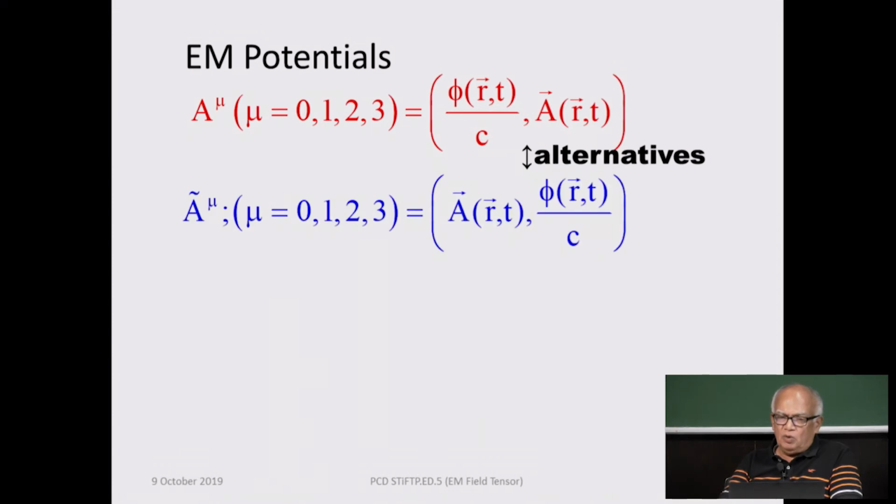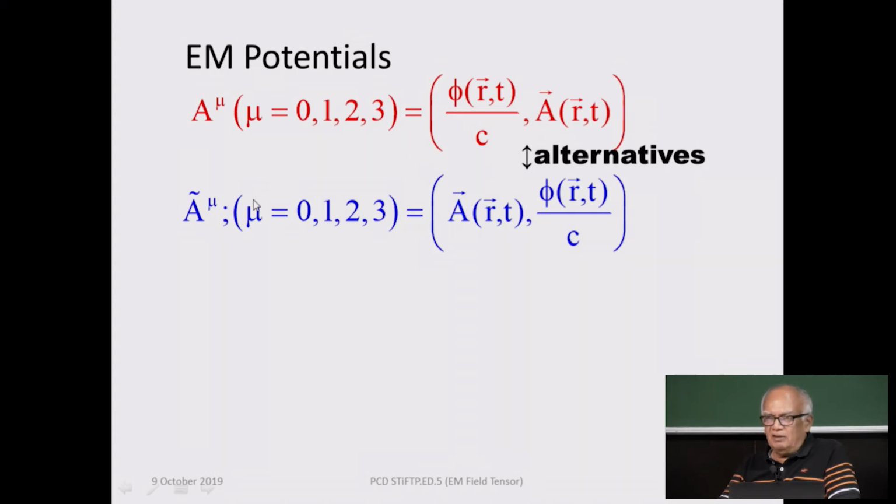You can also have an alternate representation, which I indicate by this blue equation, and the 4 electromagnetic potential is now written with a tilde on top. So, it is A tilde rather than A.